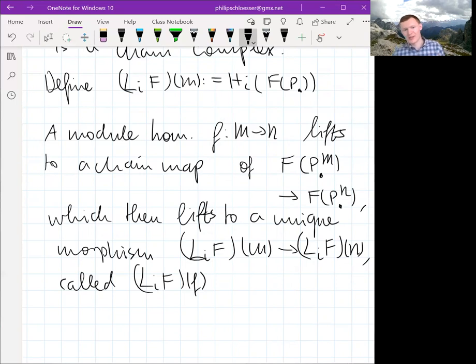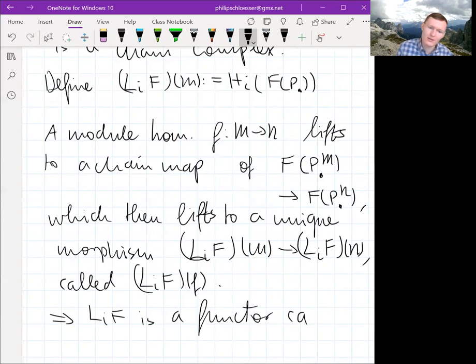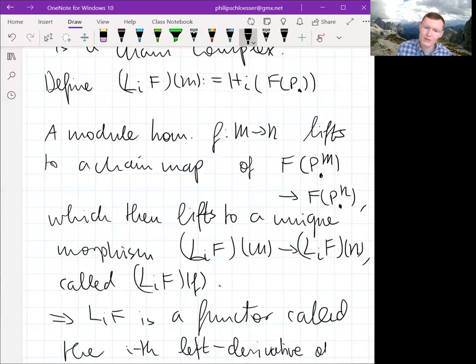And if you then apply the homology functor to it, you get equal maps between those homology groups. And then we can prove that this obeys all of the nice functor laws. The upshot being that L_iF is a functor called the ith left derived functor of F.